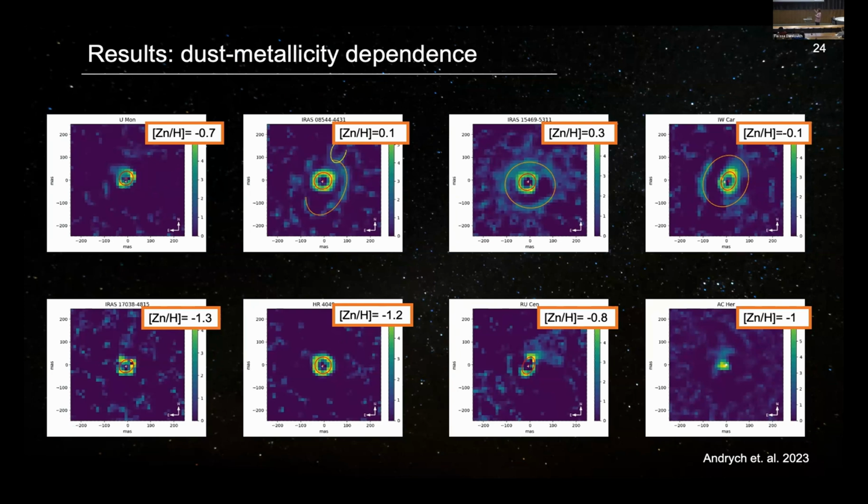We can use zinc. With this tracer, we do see that for objects with a lower proxy of initial metallicity, the size of the scattered disks, the size of extended emission, is lower. But that's so far the only thing that we can say connected to metallicity, and we have to work more on this correlation as well.